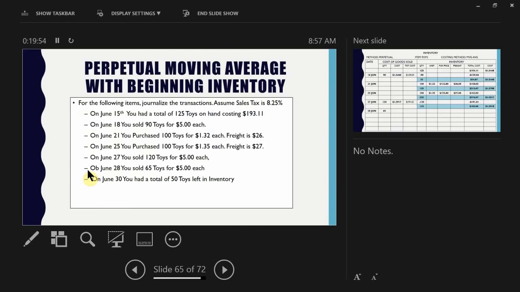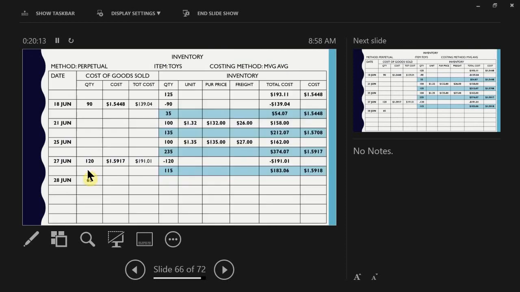The last part of the scenario is going to be June 28. You sold 65 toys at $5 each. And then lastly, make sure we note that on June 30, you have a total of 50 toys left in inventory. So in this case, we're going to sell 65 items. And let's go ahead and do that.